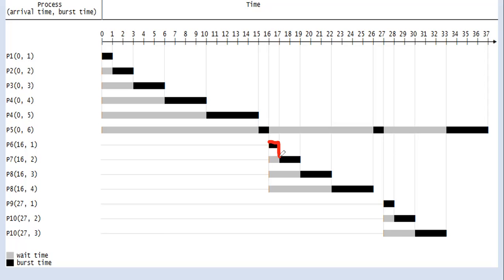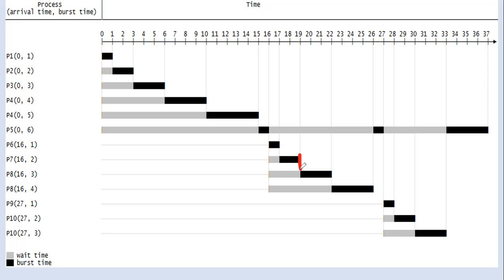And then, because in comparison to process P5, it has a burst of 2, while P5 has a burst of 5, process P7 will be processed for the 2 minutes. It will be processed for the 2 minutes up to time 19.